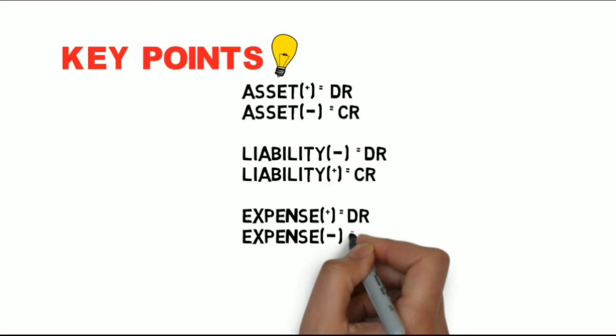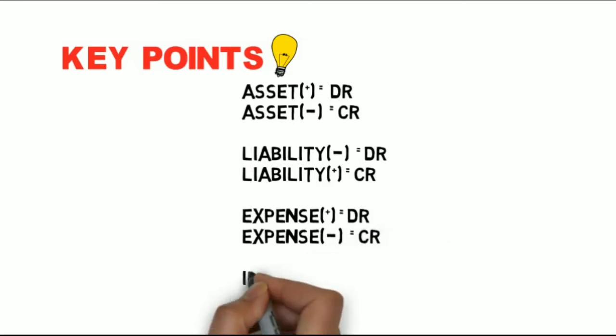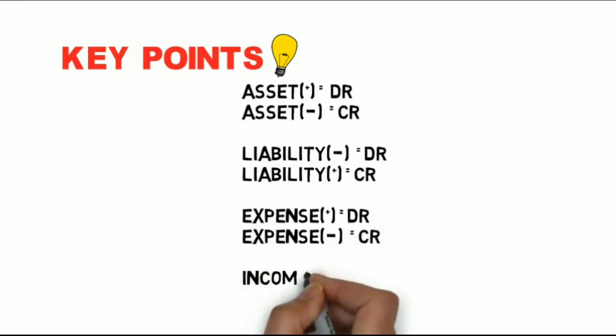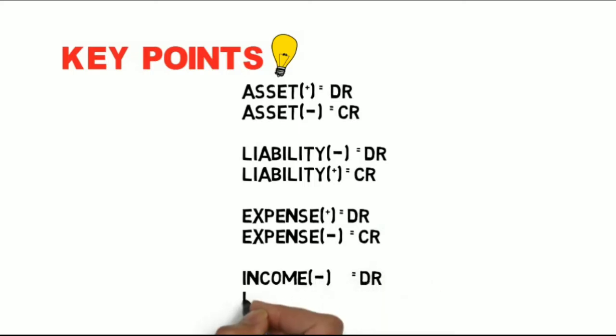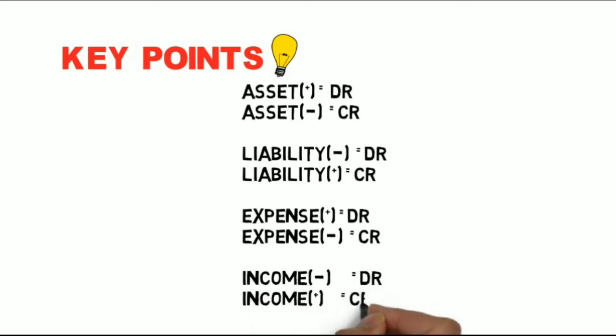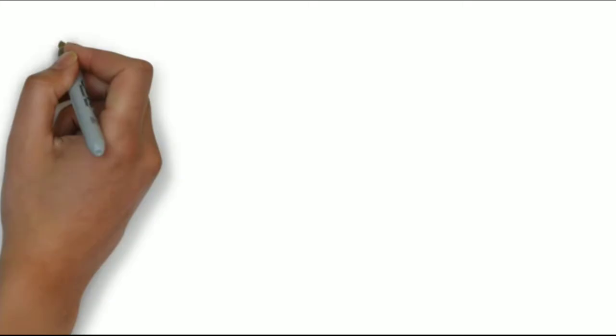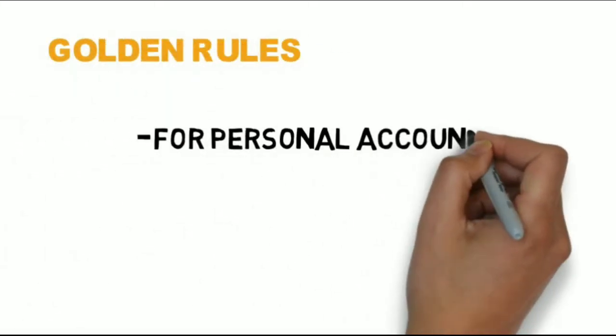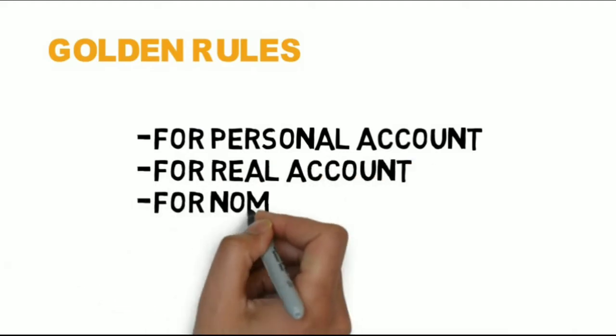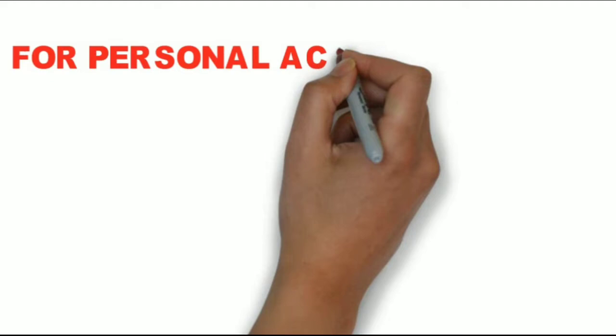It is because assets and expenses have a debit balance, so when they increase we debit them, and liabilities and income are credited when increased because they have a credit balance. So these are the three main golden rules for personal account, real account, and nominal account.